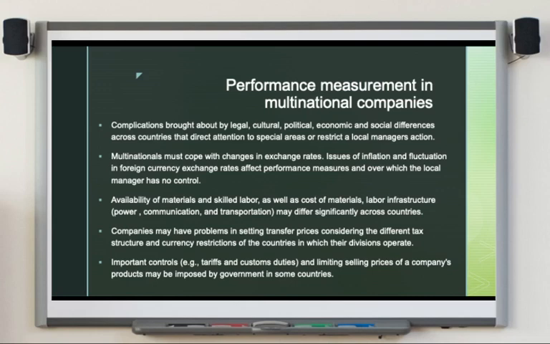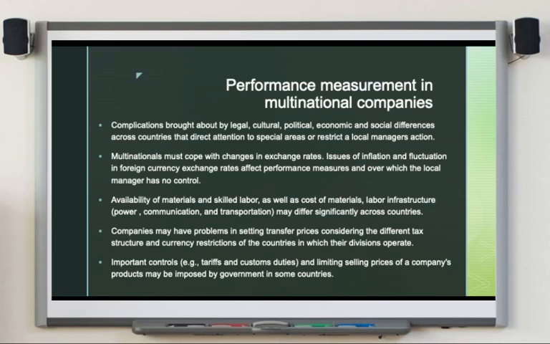So, for example, the manager of a division in another country might have some restrictions on the manager himself, or restrictions on the operations of that division. The government imposes restrictions on the operation of that division. So in that case, the performance of that division might be measured differently as compared to another division in another country.